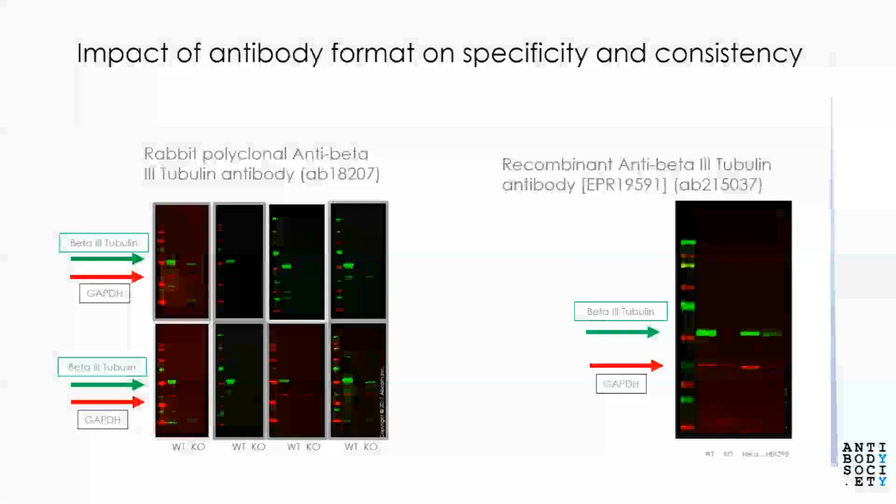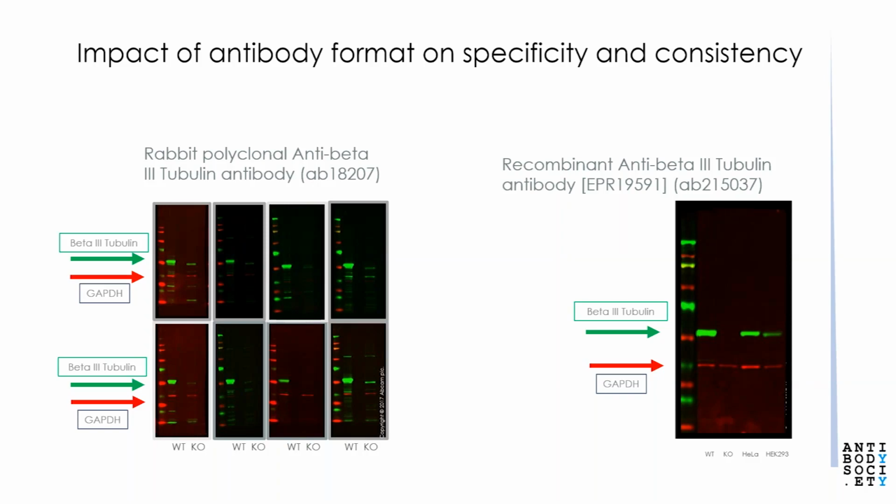We have found that recombinant monoclonal antibodies consistently show the highest rate of specificity to the targets compared to traditionally produced monoclonals or polyclonal antibodies. And as you know, polyclonals have inherent batch-to-batch variability, and each batch needs to be checked.